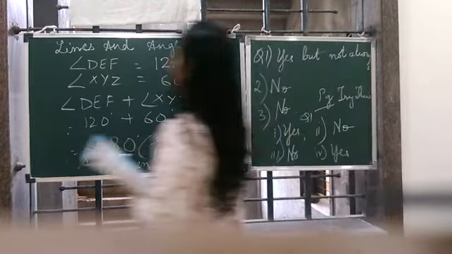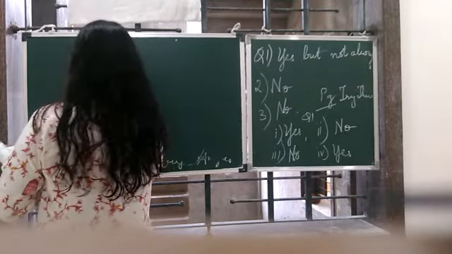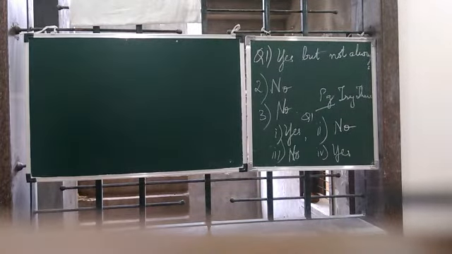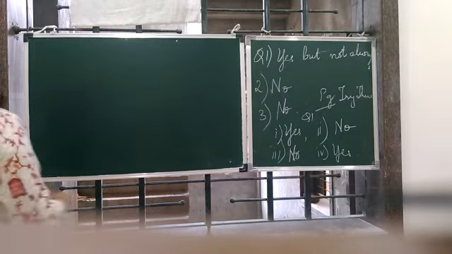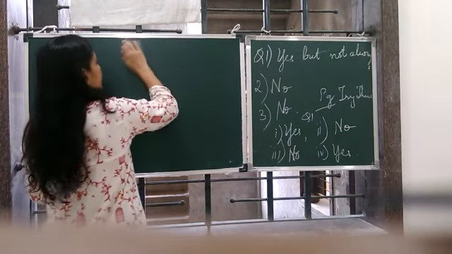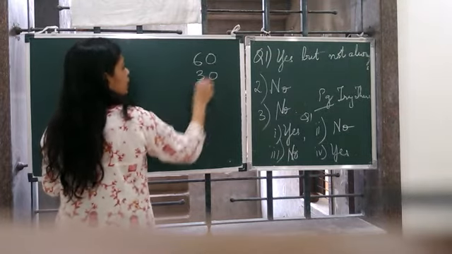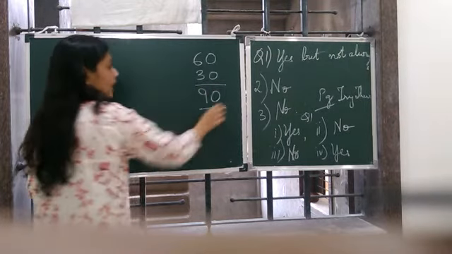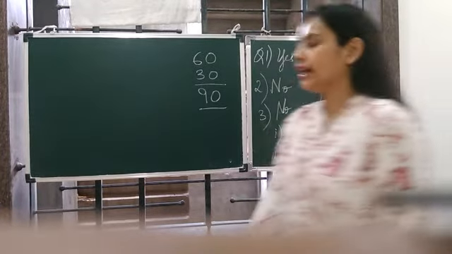Now we discuss question number 2 of Try These of page 95: find the complement of each of the following angles. Suppose I said these two are complementary angles. Why? Because their sum is 90 degrees.